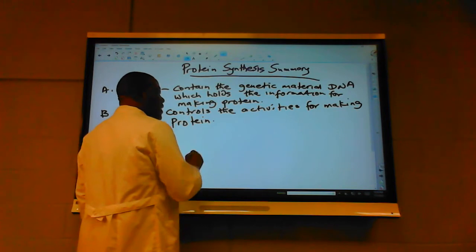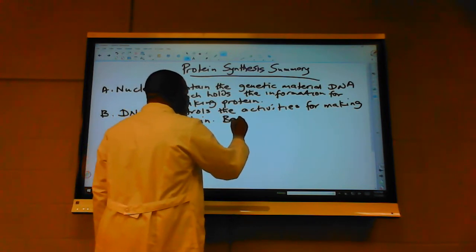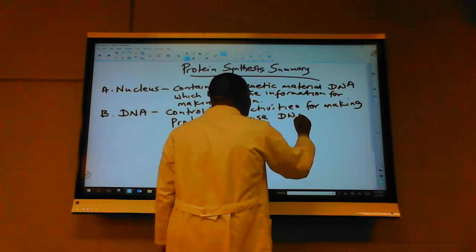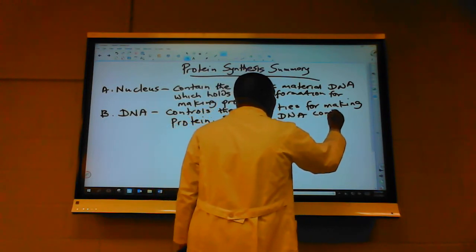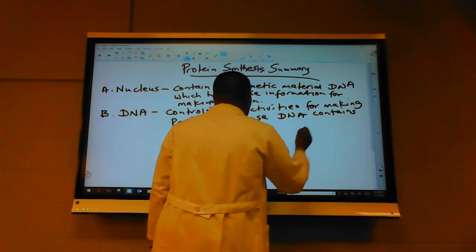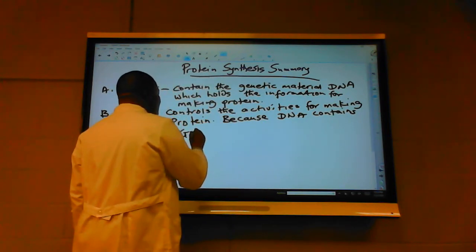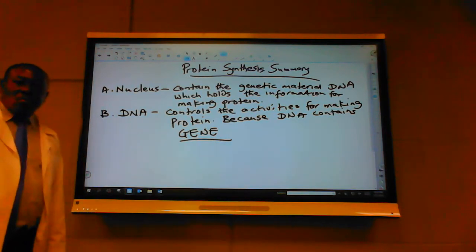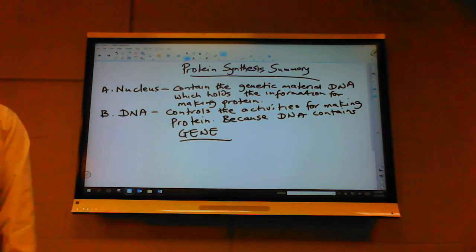So why am I saying that? Well, because DNA contains genes. Make sure you write the word genes in caps or color pencil. So DNA controls the activities for making protein. But why DNA?